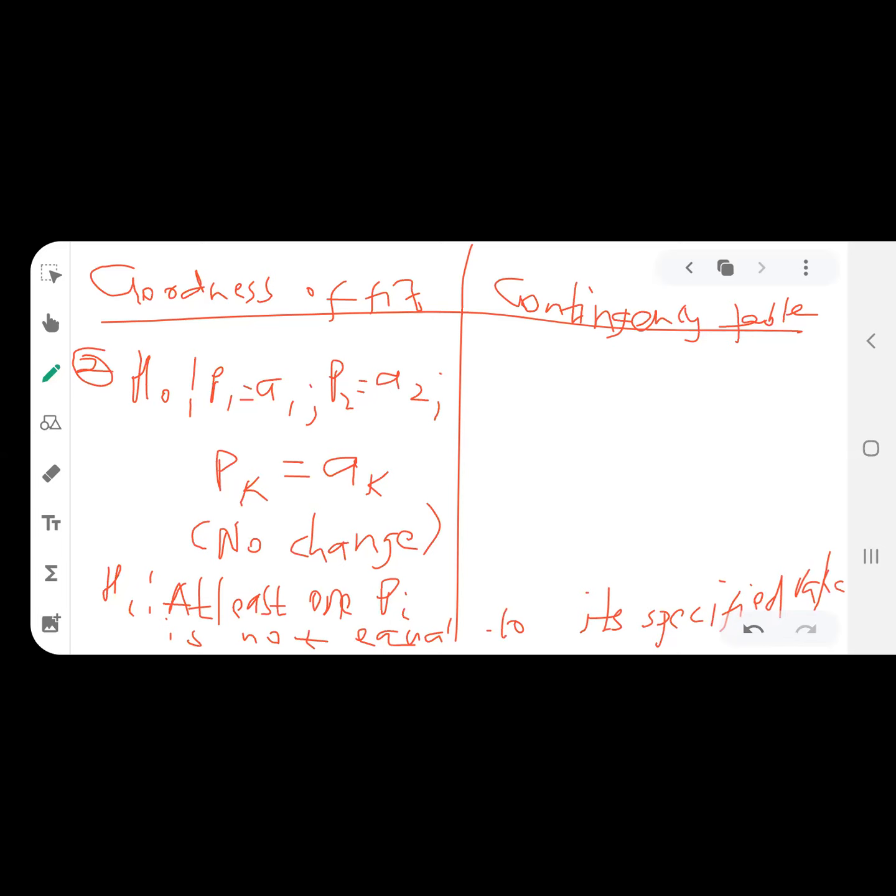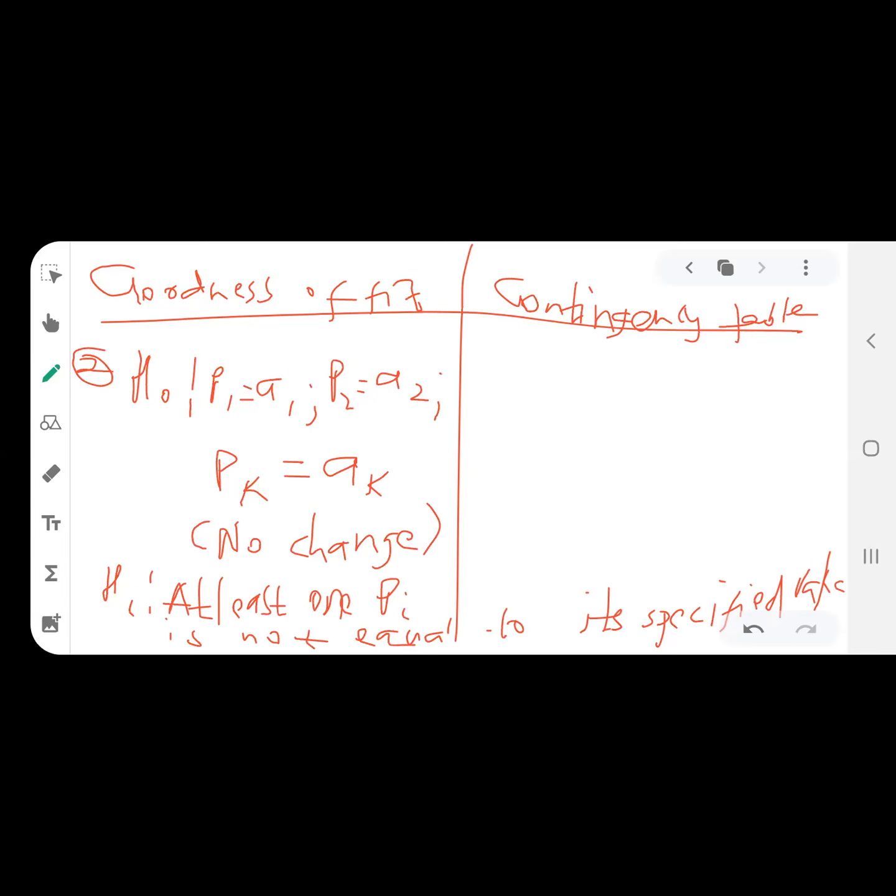So H naught will always be like P1 equals A1, P2 equals A2, PK equals AK. I will explain what that means. And then H1 implies that at least one Pi is not equal to its specified value.